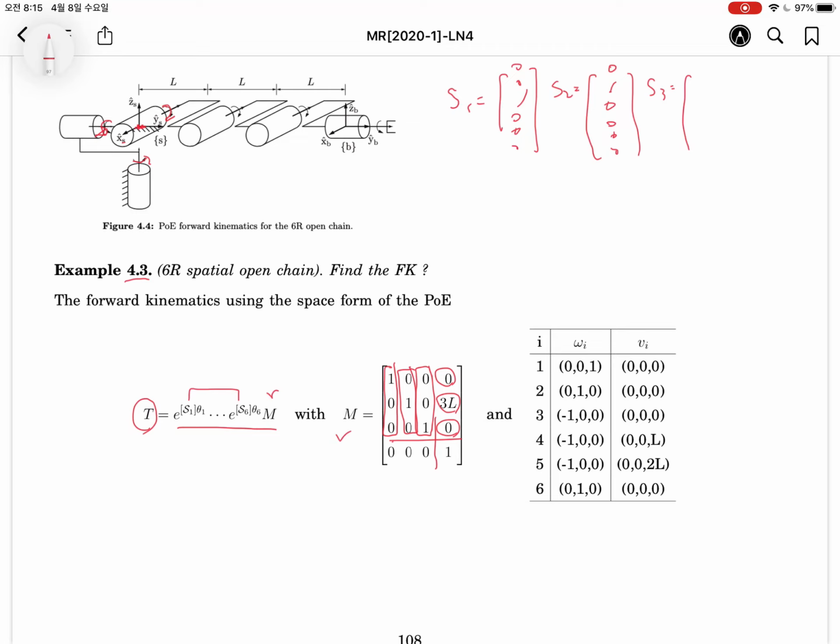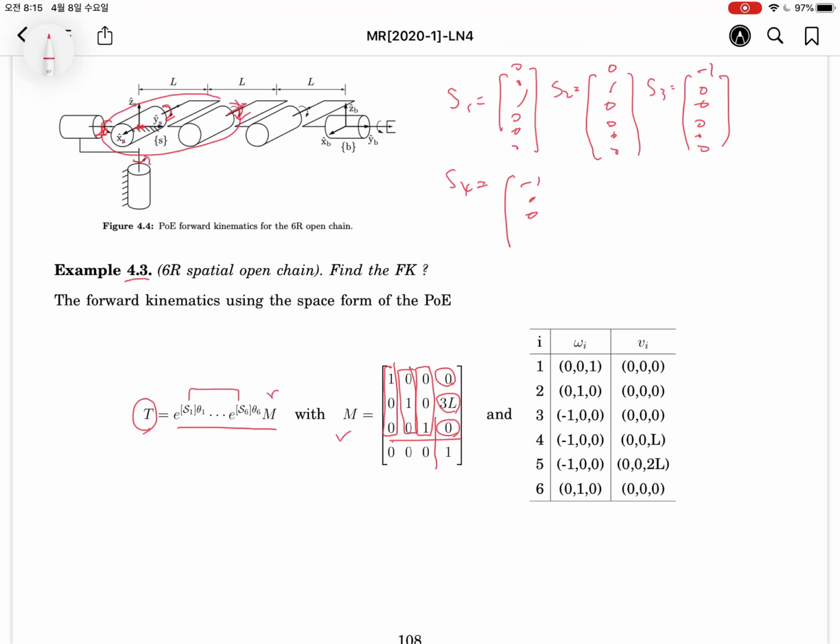S3 corresponds to here. This corresponds to minus x, so minus 1, 0, 0. If you use the right-hand rule, you can see the rotation is in the minus x direction. The linear velocity is 0, 0, 0. S4: this one corresponds to minus x, so minus 1, 0, 0.